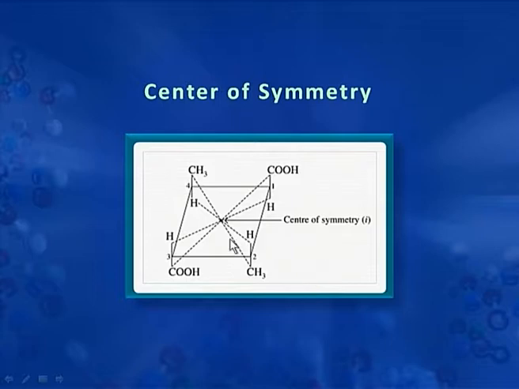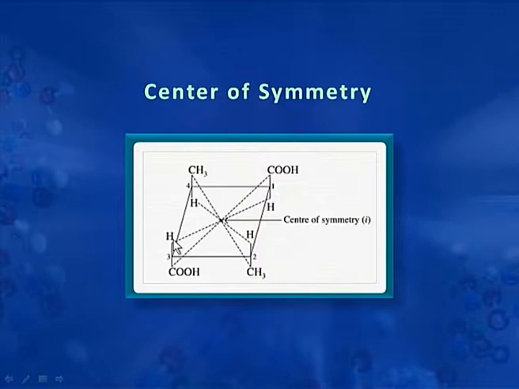This is a molecule which is a cyclobutane derivative. It has got 2 carboxyl groups at these 2 positions and then 2 methyl groups at these 2 positions. We see that if we draw a line from this carboxyl, it is passed to this point and then extended beyond, we meet another carboxyl group after the same distance.